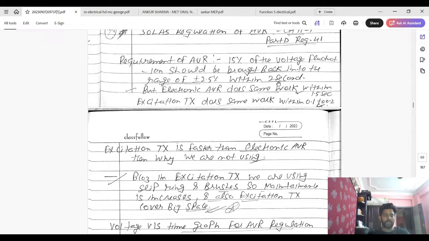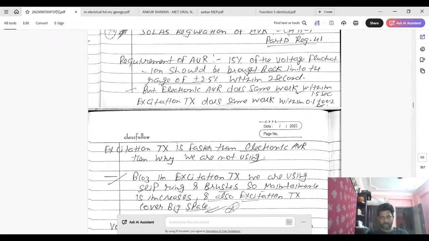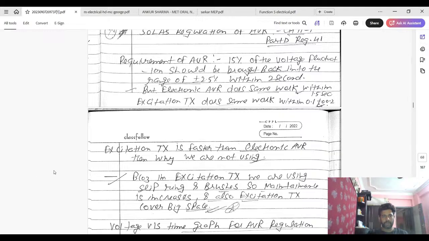Suppose 440 is the rated voltage, I'll calculate for you. 15% of 440, that is 15 divided by 100 times 440, is 66 volts.